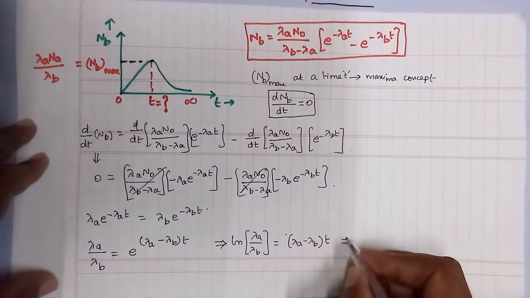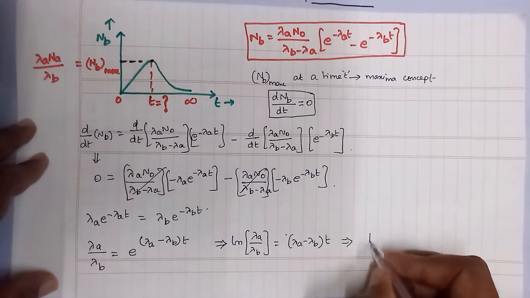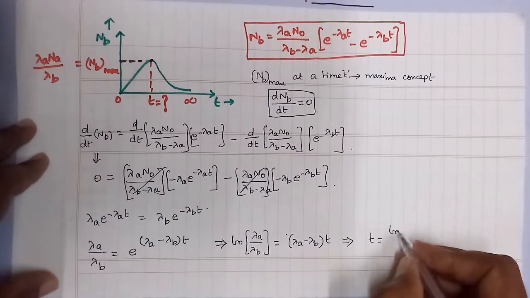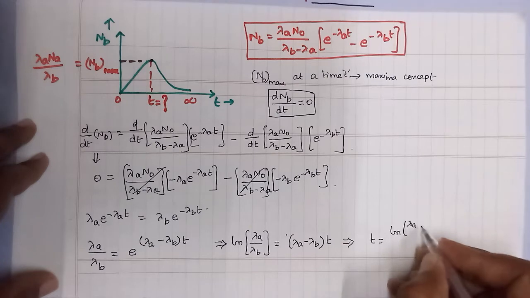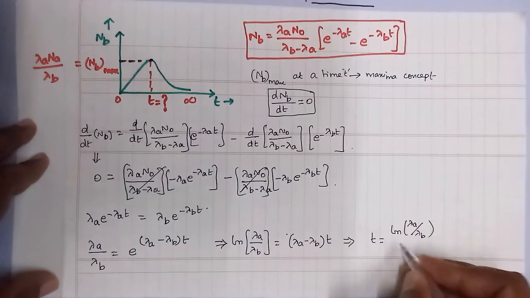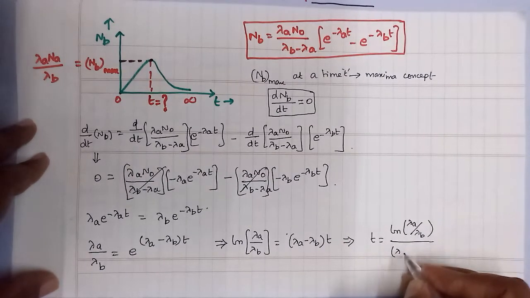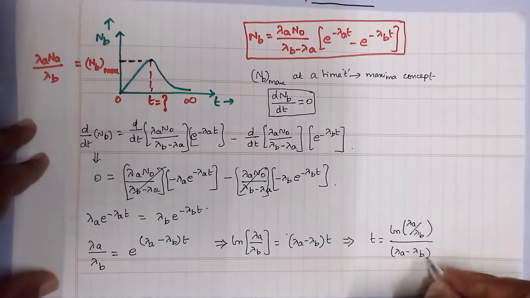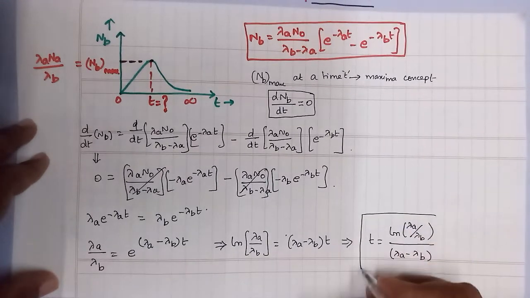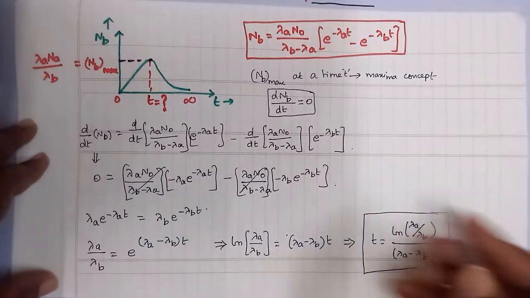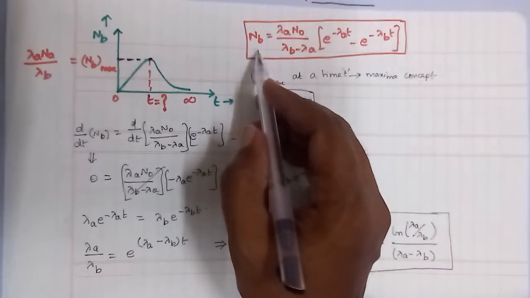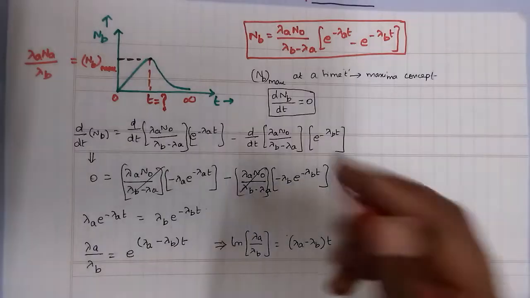From this we can find t is equal to ln of lambda A by lambda B divided by lambda A minus lambda B. This is the time at which NB will reach the maximum value.